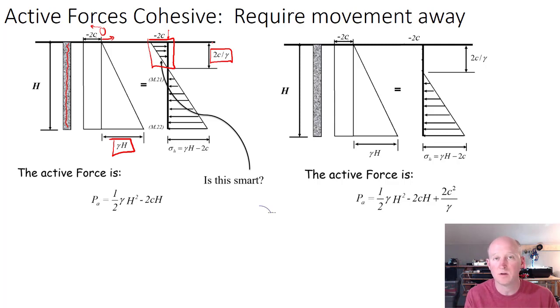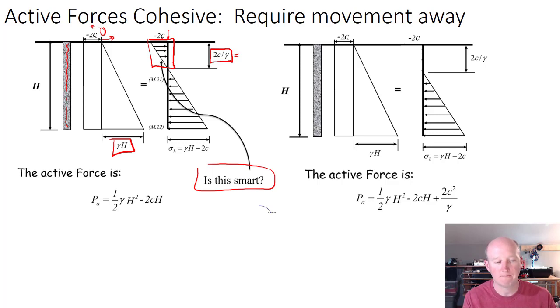So in theory, this clay could stand on its own, self-supporting, as long as the wall height was less than this value. But we don't want to count on something that has a suction force or a tension force, because the likelihood that it might be breached by an air pocket, so air intrusion comes in and opens up a crack and all of a sudden that tension goes to 0, is not that unlikely.